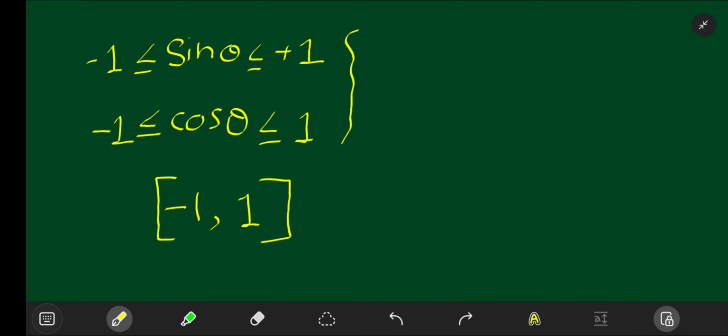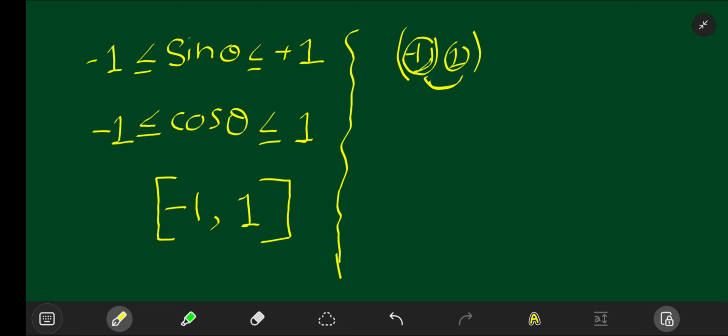Next, like we can write as open bracket. Open bracket means not including the inside values. If you write -1 comma 1 like this, these values are not included, but the in-between values are included.